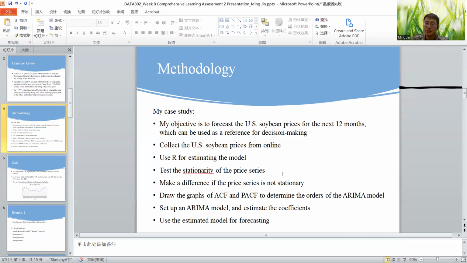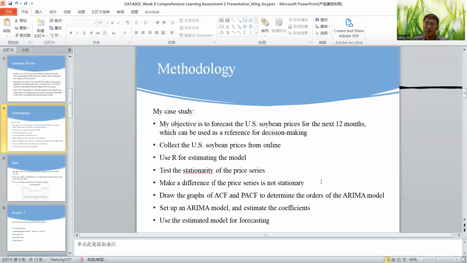If not, we will take the second order difference, again and again, until it is stationary. The next step is to calculate and draw graphs of the ACF function and the PACF function of the differenced series, so that from the graphs of these two functions, we can determine the orders of the ARIMA model that we will use.